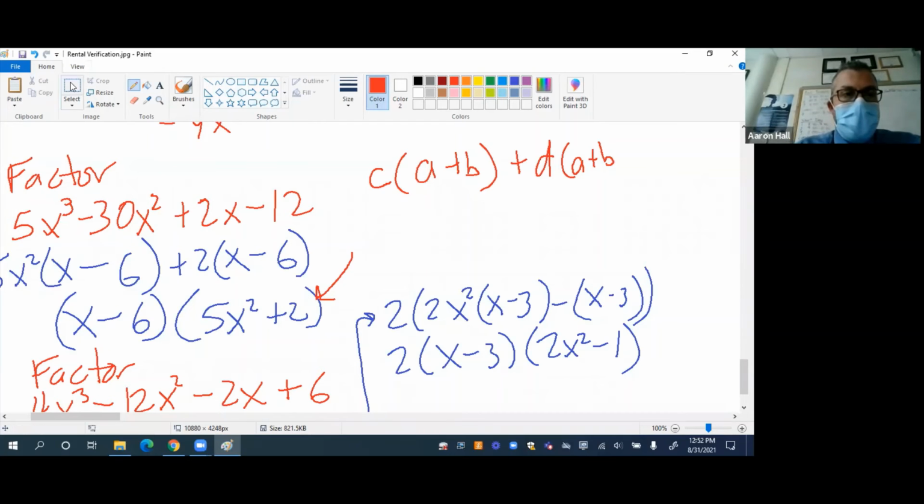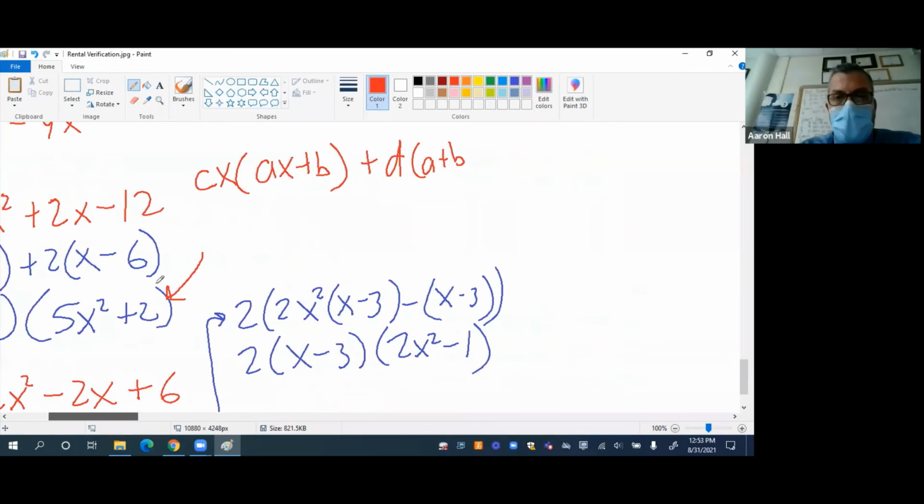We need x's in there, and then an x here.